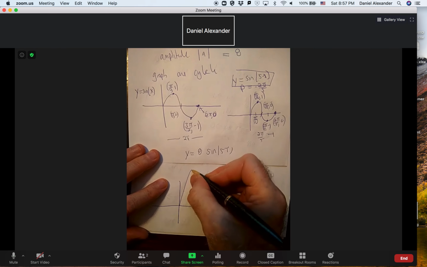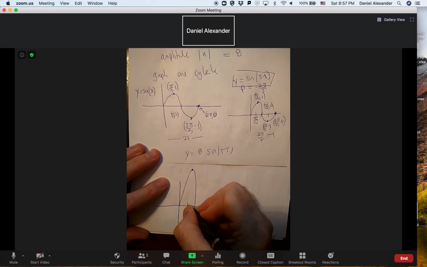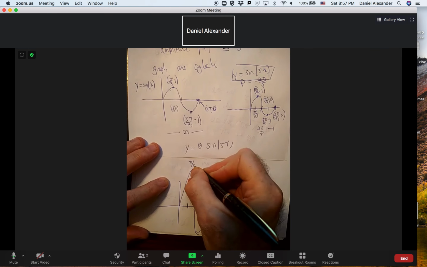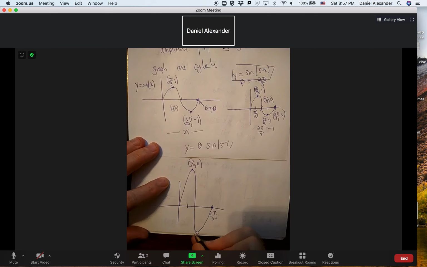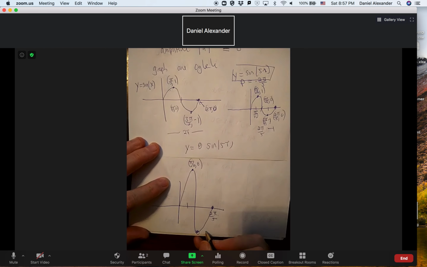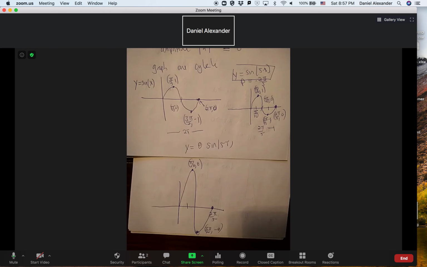So we go higher, come back down, lower, and come back up. This point was pi over 10, 1. That's going to be pi over 10, 8. This point down over here was 3 pi over 10, -1. That's going to be 3 pi over 10, -8. So that's what that graph looks like. And let's just check it with Desmos.